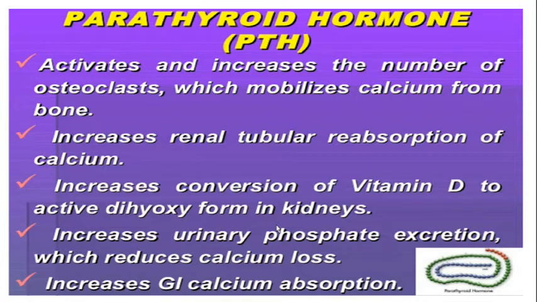There will be increased renal tubular resorption of calcium, and increased conversion of vitamin D to the active dihydroxy form, that is 1,25 vitamin D, which is formed in the kidneys and is responsible for the absorption of calcium from the GIT. And there will be increased urinary phosphate excretion, which further reduces calcium loss, and then obviously increased GI calcium absorption.